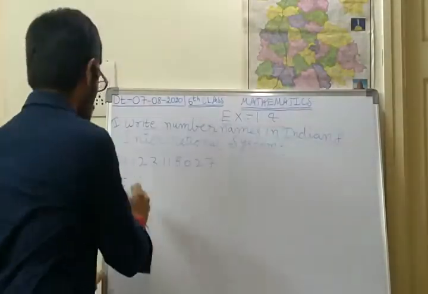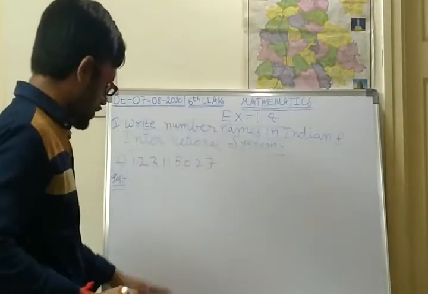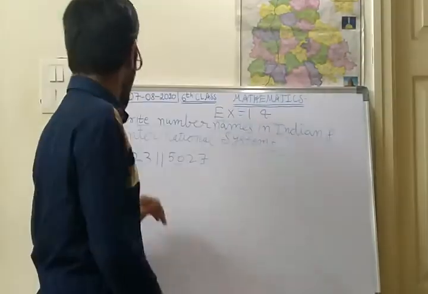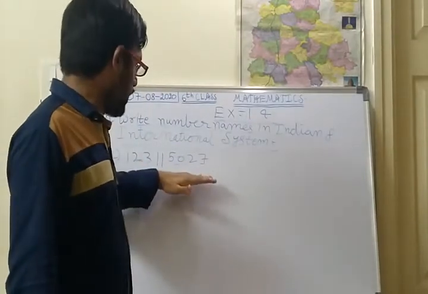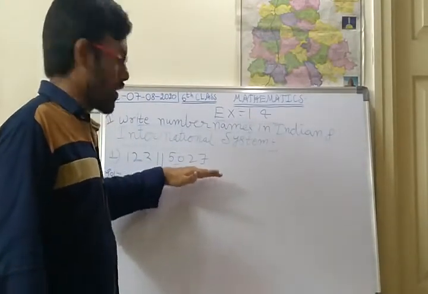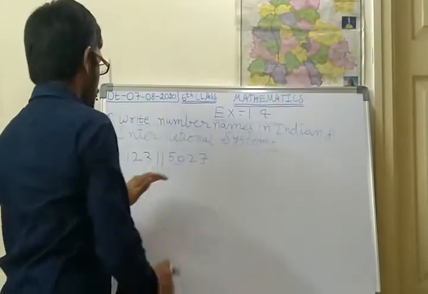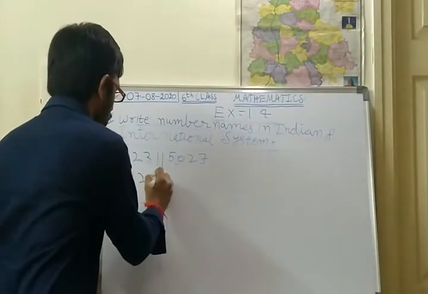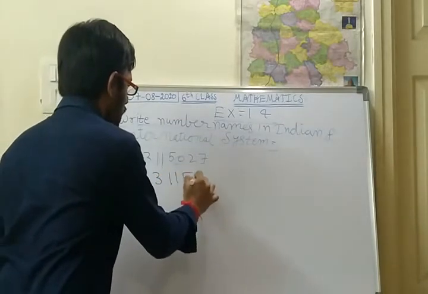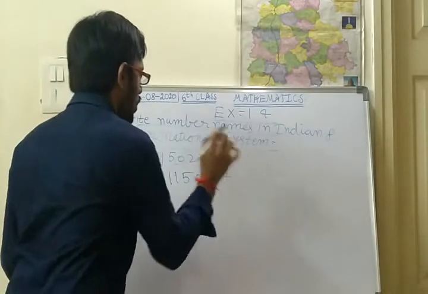Due to insufficient space, I am not writing here. For your clarity I am writing at the top, in the middle. Here for the international system again write this number, 123115027. After writing, you keep a hyphen.